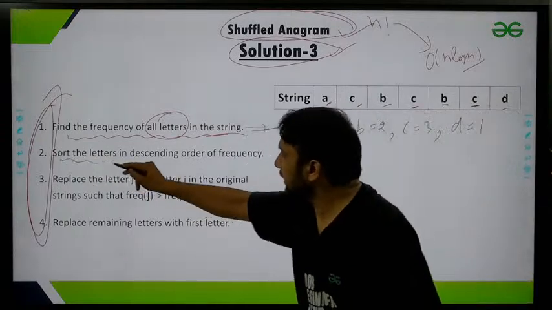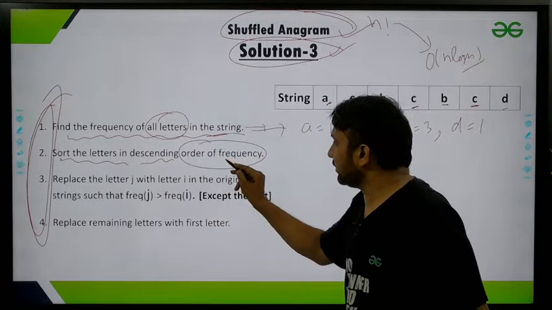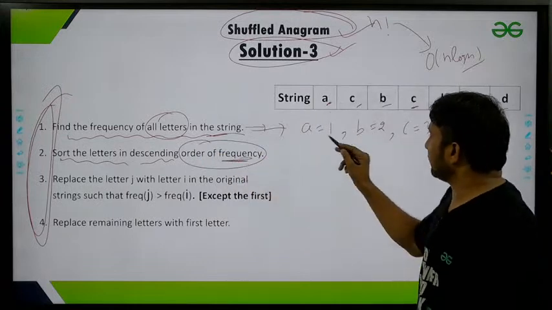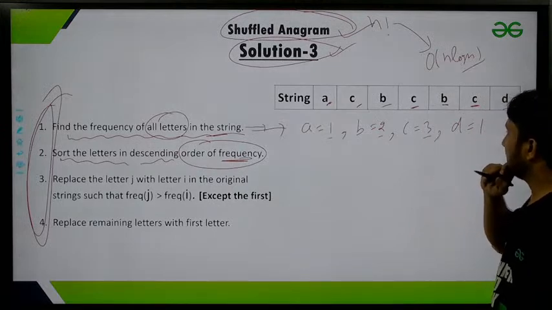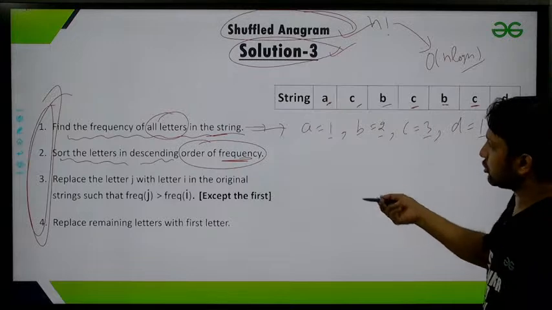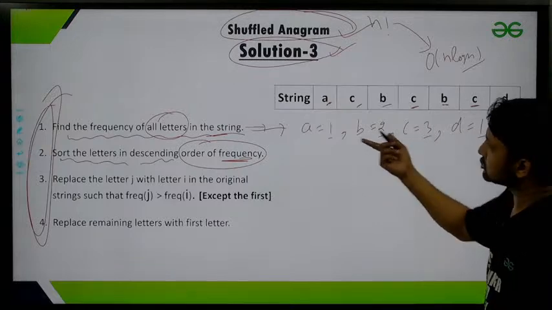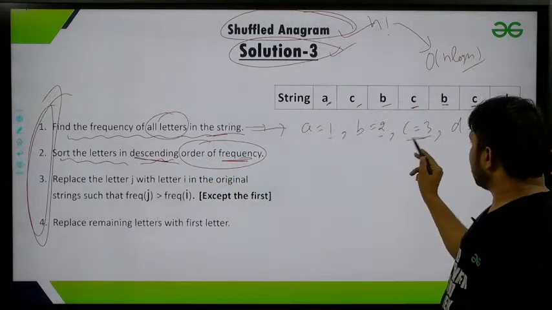Second step, sort the letters in descending order of their frequency. Okay, the frequency of A is 1, the frequency of B is 2, the frequency of C is 3, the frequency of D is 1. Frequency means how many times that letter is repeating. So based upon frequency, sort them, that's it. In descending order actually, so the biggest one will come first.